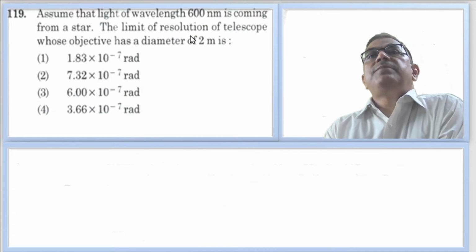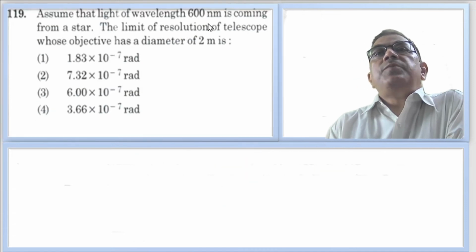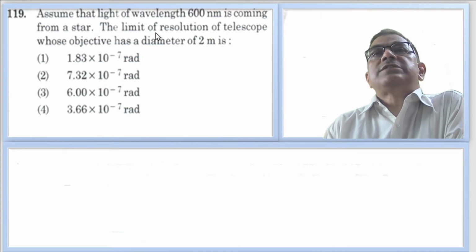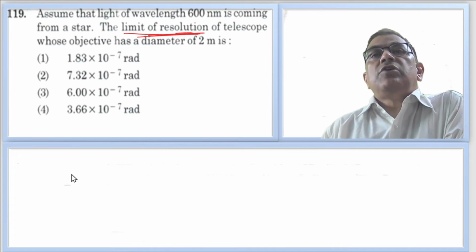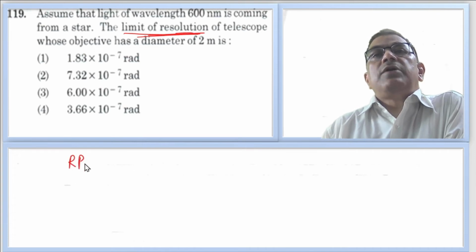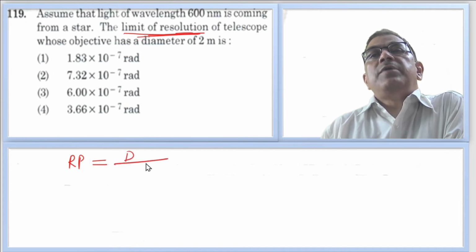Assume that light of wavelength 100 nanometer is coming from a star. The limit of resolution, this is the inverse of resolving power, and the resolving power of a telescope is equal to diameter upon 1.22 lambda.